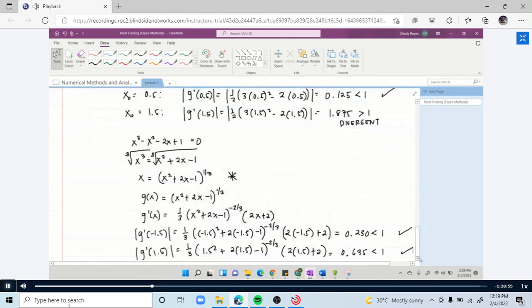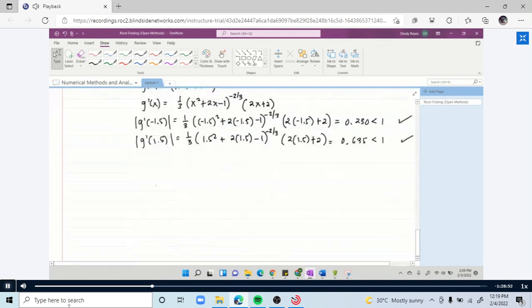Okay. Solving for, we have already ensured the convergence, so solving for the first positive root. So our x sub 0, or initial approximation, is 0.5.